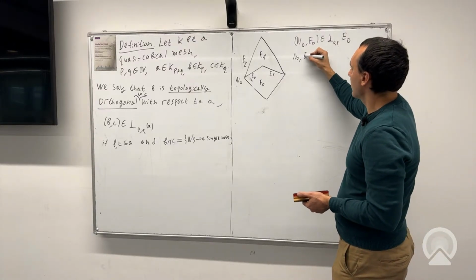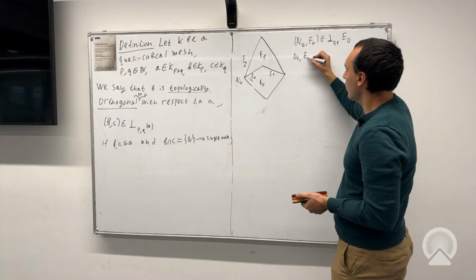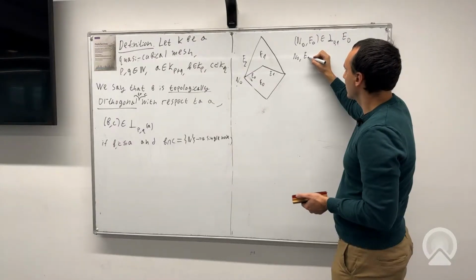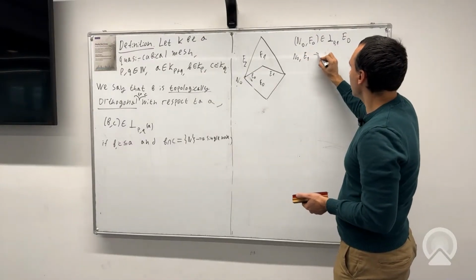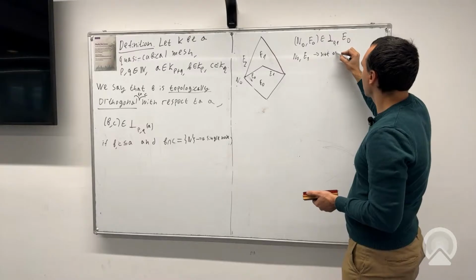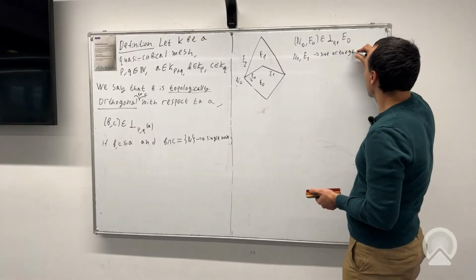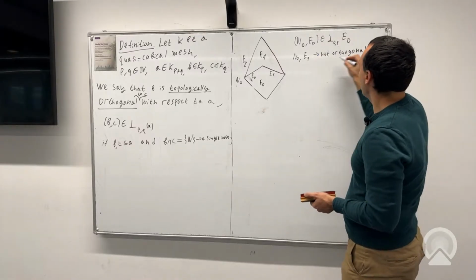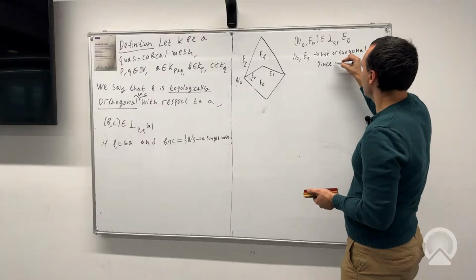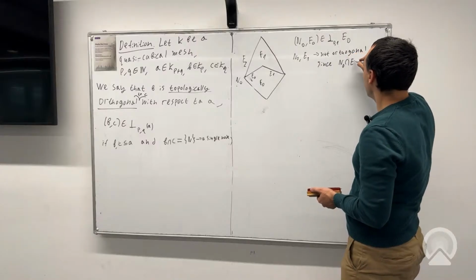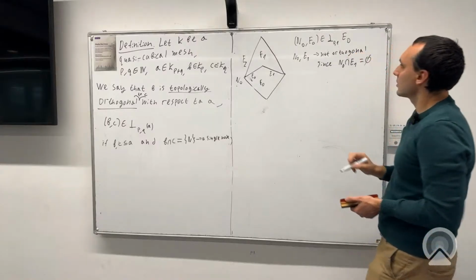N0, E1 are not orthogonal, since their intersection is the empty set. N0 intersection E1 is the empty set.